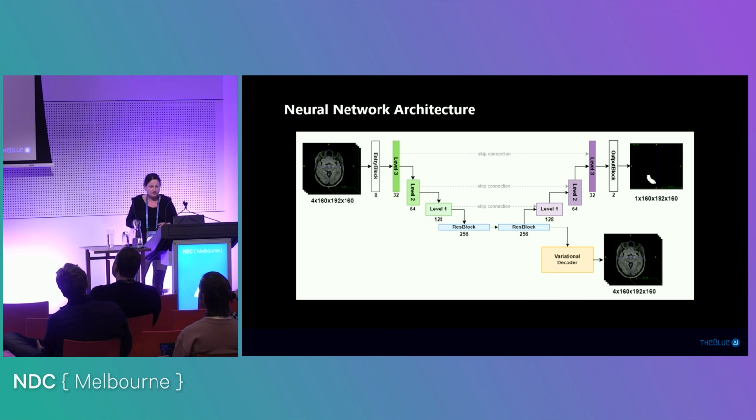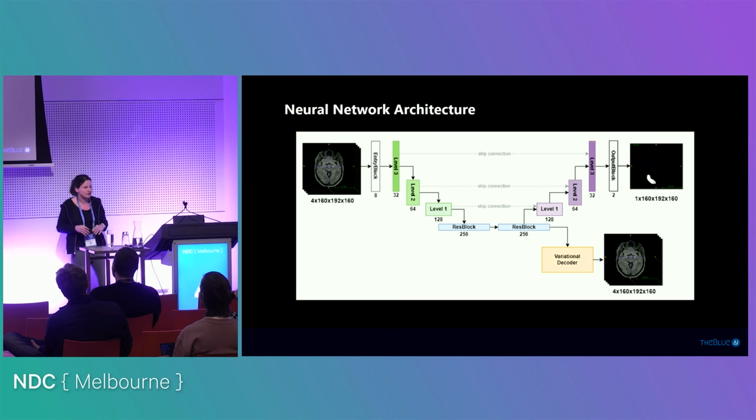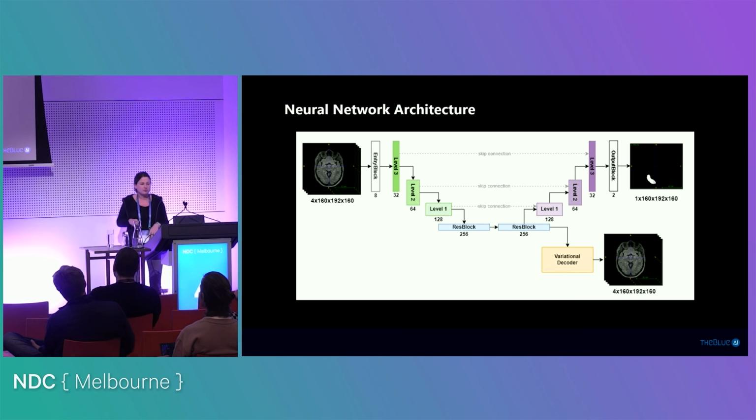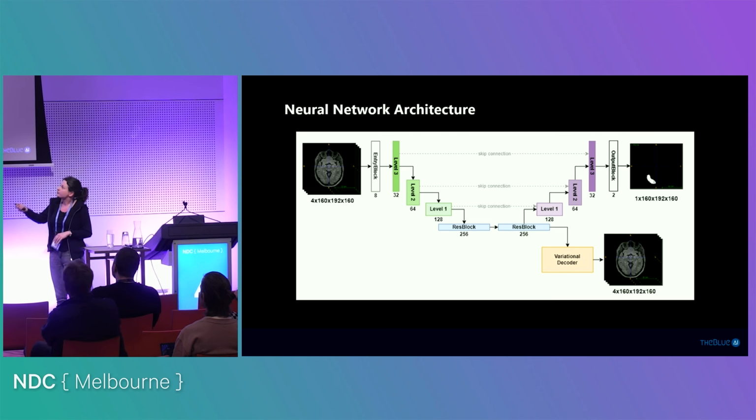But in very short, we used the architecture called UNet and adapted it a bit to our needs. This is quite common in the medical segmentation process, and it relies on the idea of an encoder-decoder, meaning that we first encode the information from our original image so that we create a bottleneck.